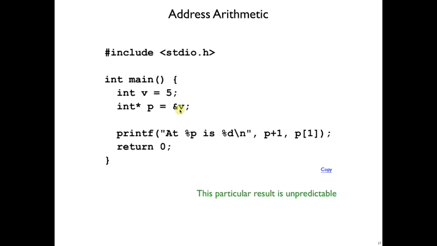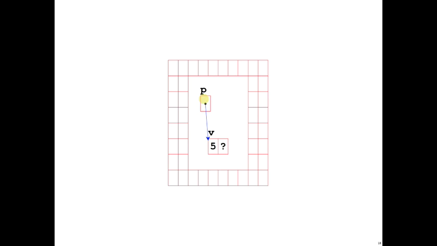Now in this case, we are saying p is the address of v, and instead of 0, I'm using 1. Now what that means is that p has the address of v. V has a 5 in it, but 1 would get the thing after that. Right? 0 is the same as star. 1 is the same thing as moving the address forward by an element, and we don't really know what's there.